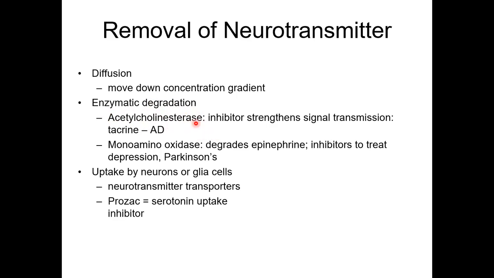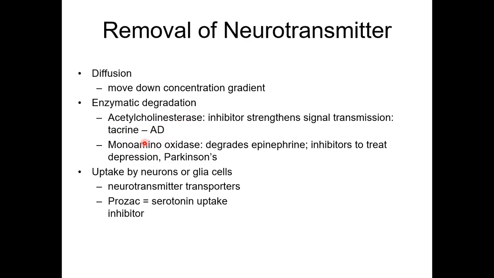Acetylcholine is degraded by the enzyme acetylcholinesterase. Inhibiting this enzyme can allow more acetylcholine to remain in the synaptic cleft. And this is one pharmaceutical, Tacrine, that is used in Alzheimer's disease patients.